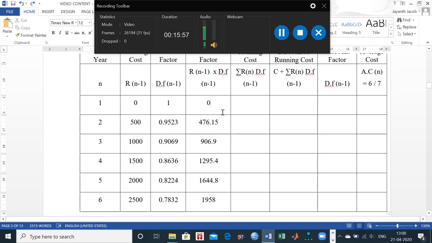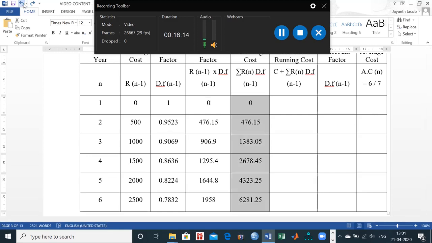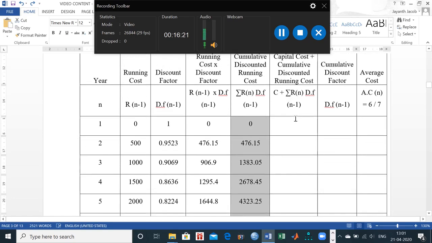And then the next column is the cumulative discounted running cost. So here it would be 0, then 0 plus 476.15 should be entered here, and then 476.15 plus 906.9, and so on. So you get this. Then we have the capital cost plus the cumulative discounted running cost values here.